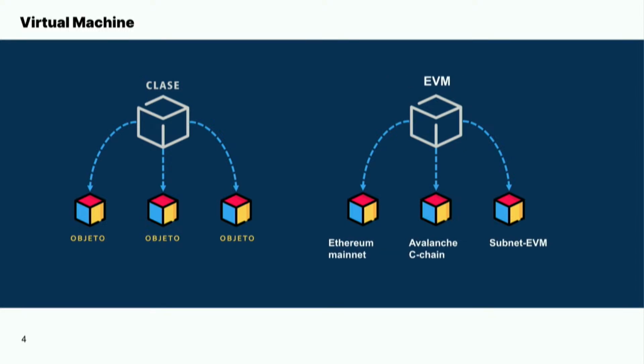So let's say you have the EVM, which handles all the generic logic of the virtual machine, and then you have the instance of Ethereum mainnet, the instance of the Avalanche C-Chain, and you can have as well Subnet EVM, which enables you to create subnets, or your custom chains, powered by the EVM.